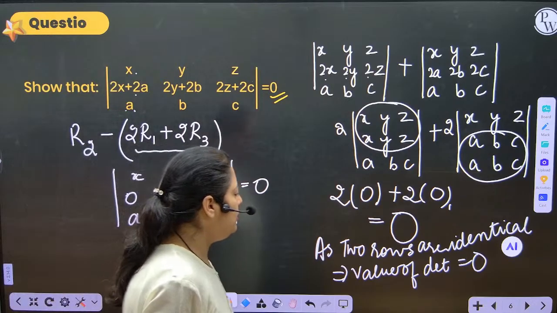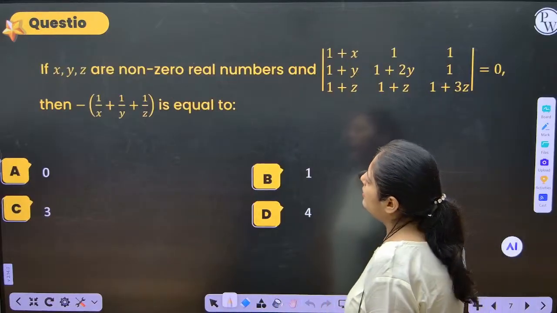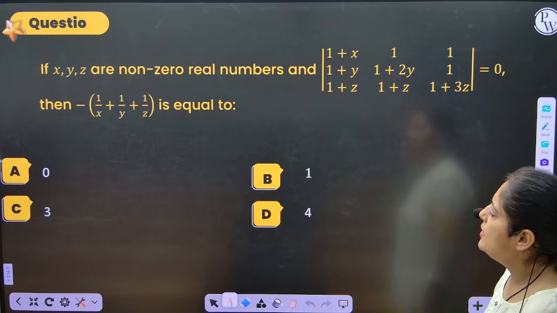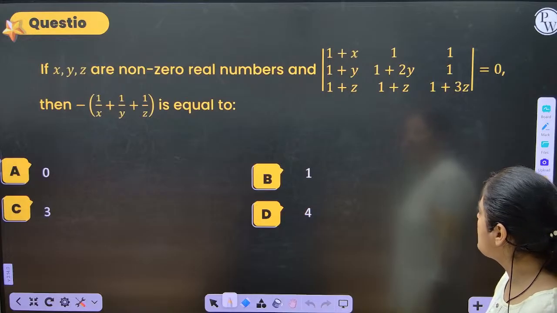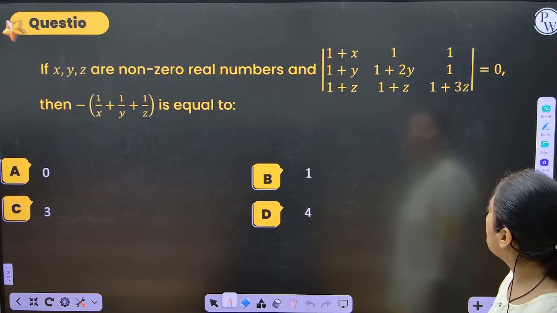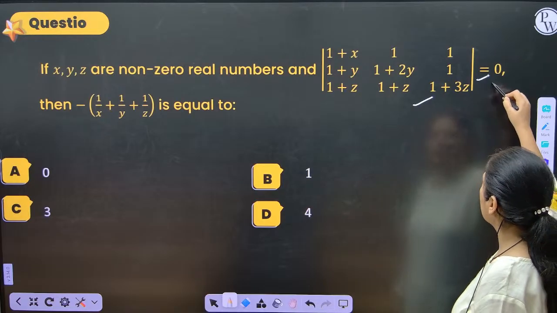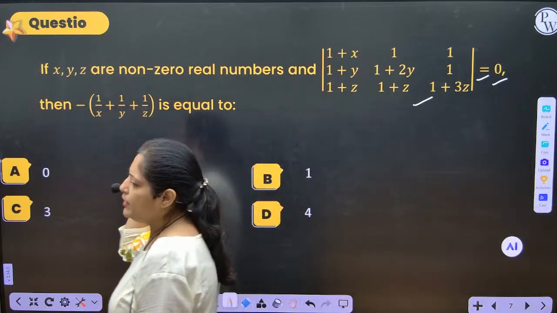Next one. If x, y, z are non-zero real numbers, then this determinant is already given as equal to 0. We have to find the value of this one.